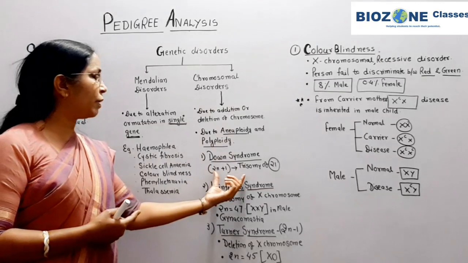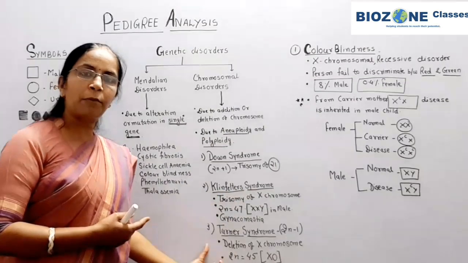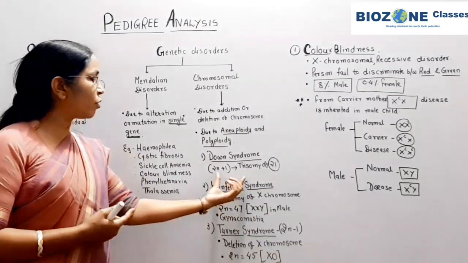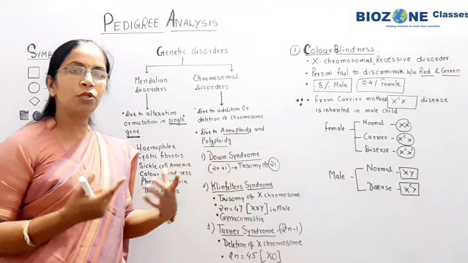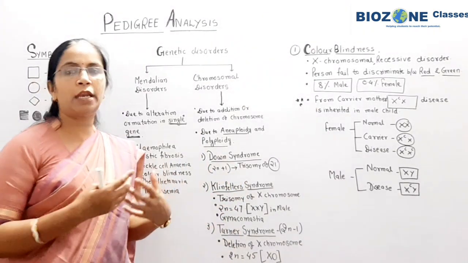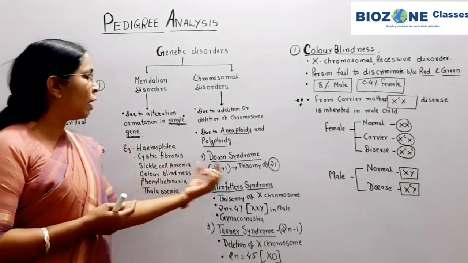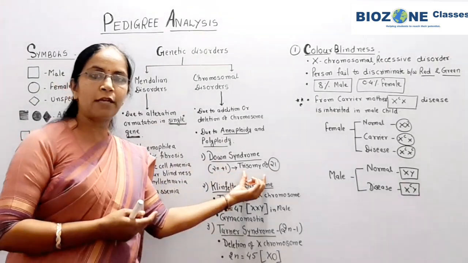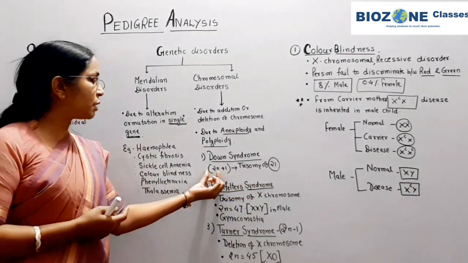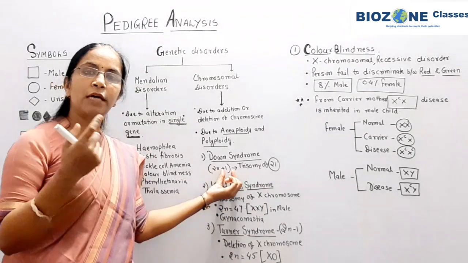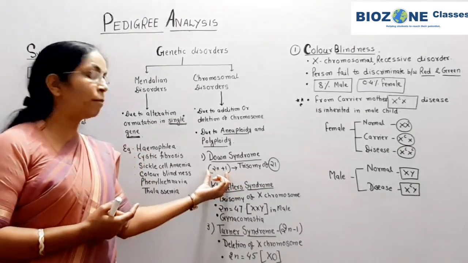Chromosomal disorders: see here, 3 examples are provided in your textbook. So first is Down syndrome. Remember, this syndrome is named after Langdon Down. And here you remember trisomy. Trisomy means in the diploid set of chromosomes, one chromosome is extra. So which chromosome number?